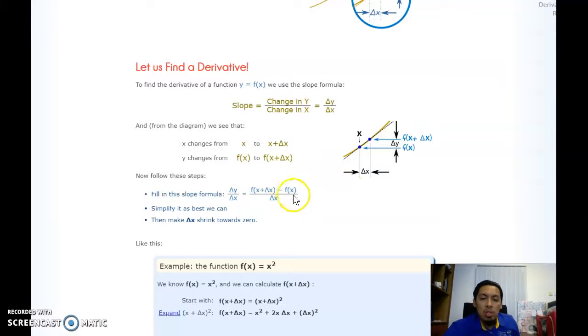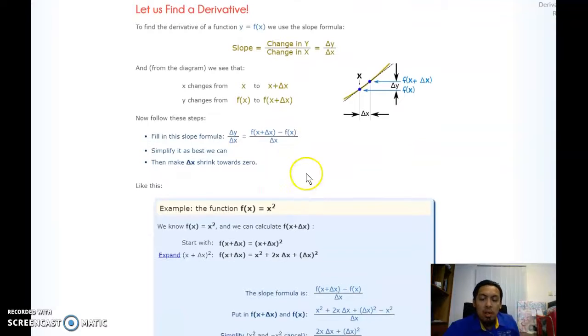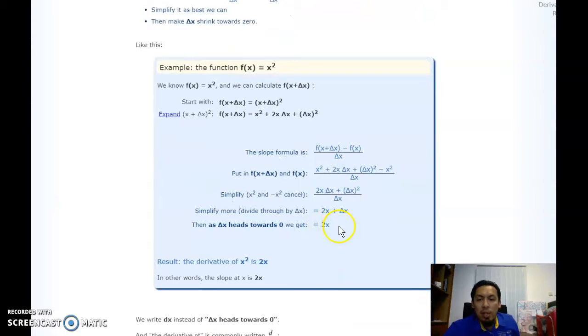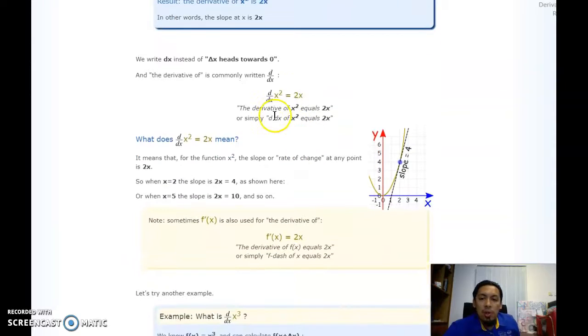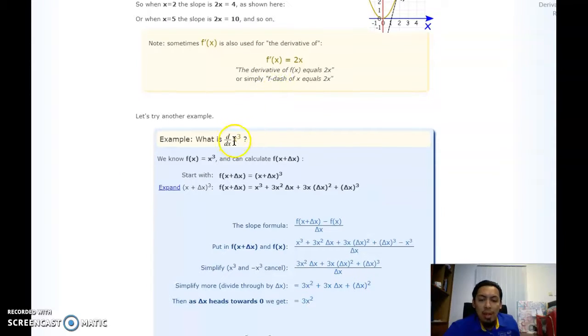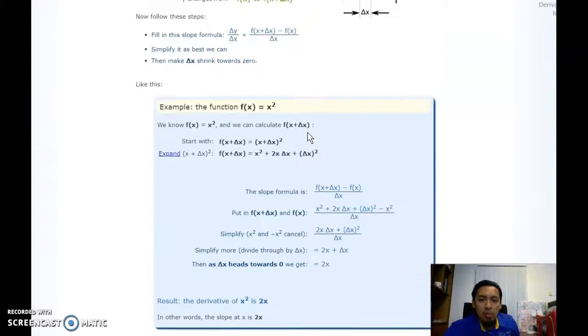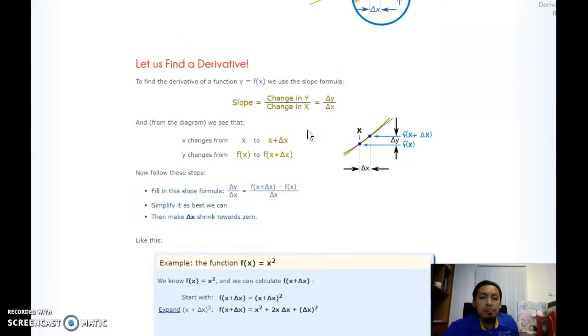So just using this will be a little bit complex. If you just want to solve for x squared, yes, you can use this to get 2x as the derivative. Or you can also use a simple question like x cubed. You can solve it using this formula.